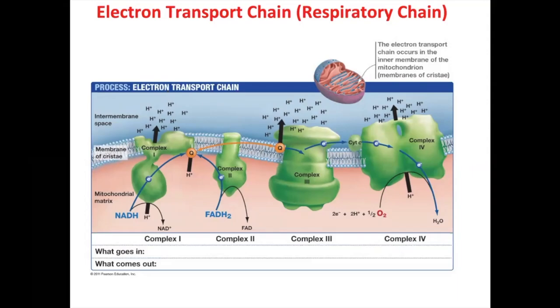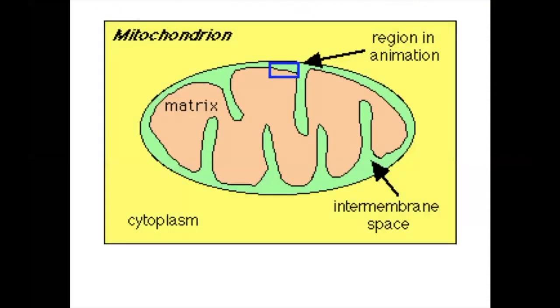So what are these 4 complexes? We have complex 1, complex 2, complex 3, and complex 4. Now you will notice the hydrogens there, the letter H. So there's basically the transport of one electron from one complex to the other complex.